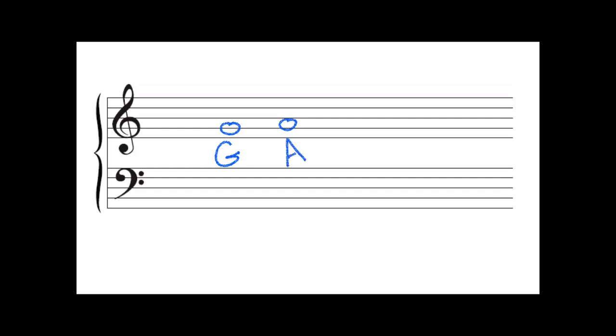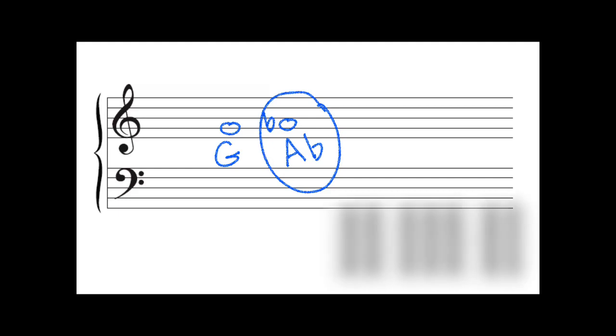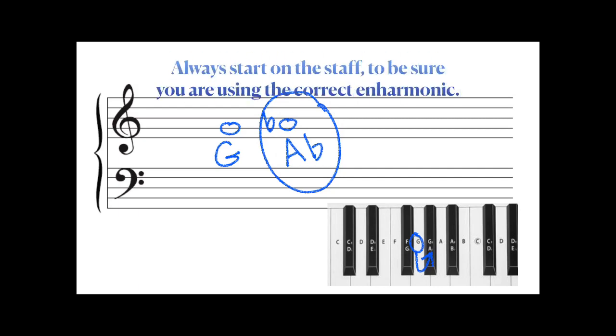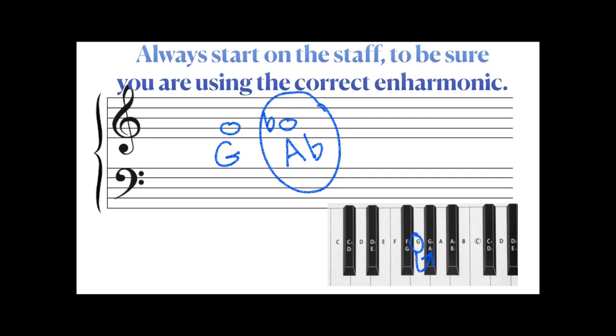I'll need to move up to some kind of A because A is one step above on the staff. So between the G sharp and the A flat, A flat is the correct answer here. Always start on the staff to be sure you are using the correct enharmonic.